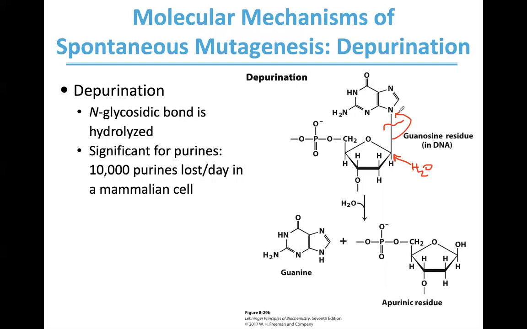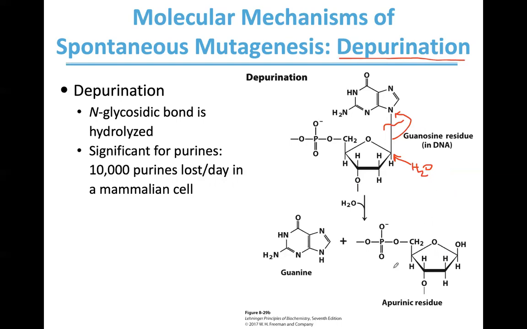And remember, I asked you which one is more likely to leave, purine versus pyrimidine. And you correctly told me that it was purine because of the number of nitrogens, which can be protonated or can just simply associate with water through hydrogen bonds and become a good leaving group. And so that's why this is primarily depurination. So purines are more likely to leave.